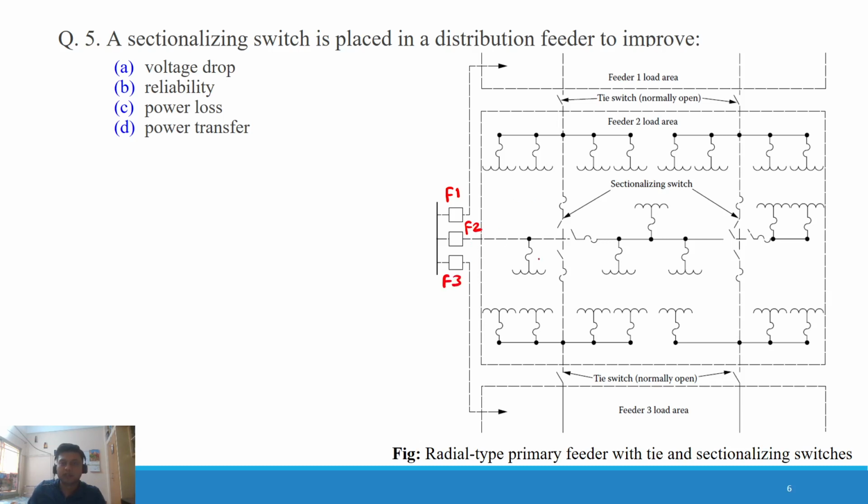The top one is the feeder 1 load area, this is the feeder 2 load area, and the below one is the feeder 3 load area. In this question it is asked about the sectionalizing switch. This one, this one, this one, all are sectionalizing switches.